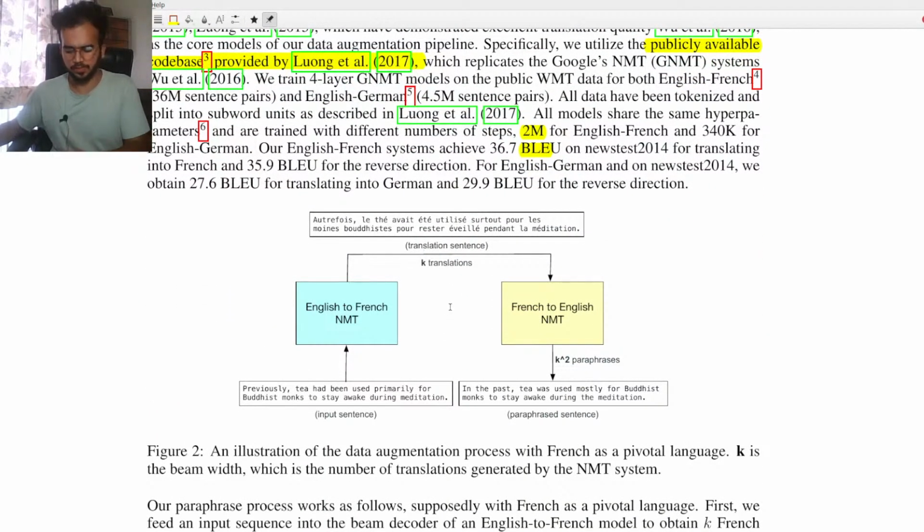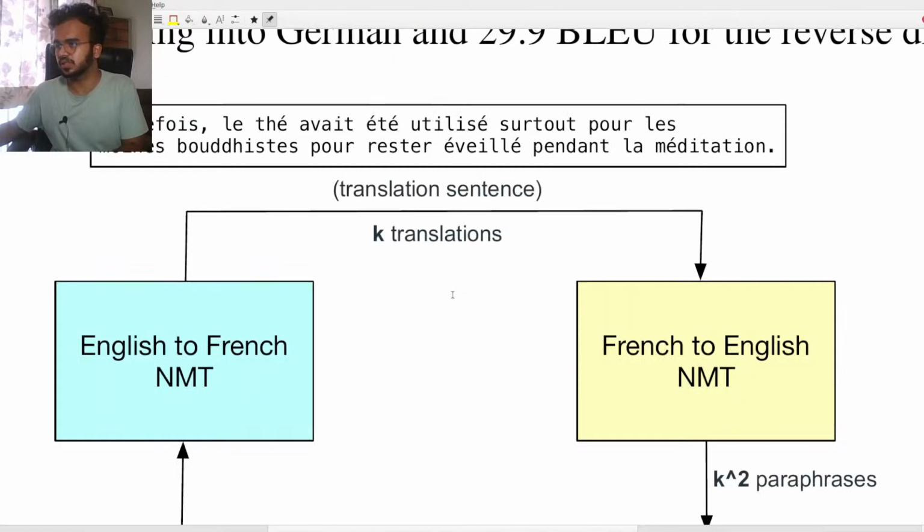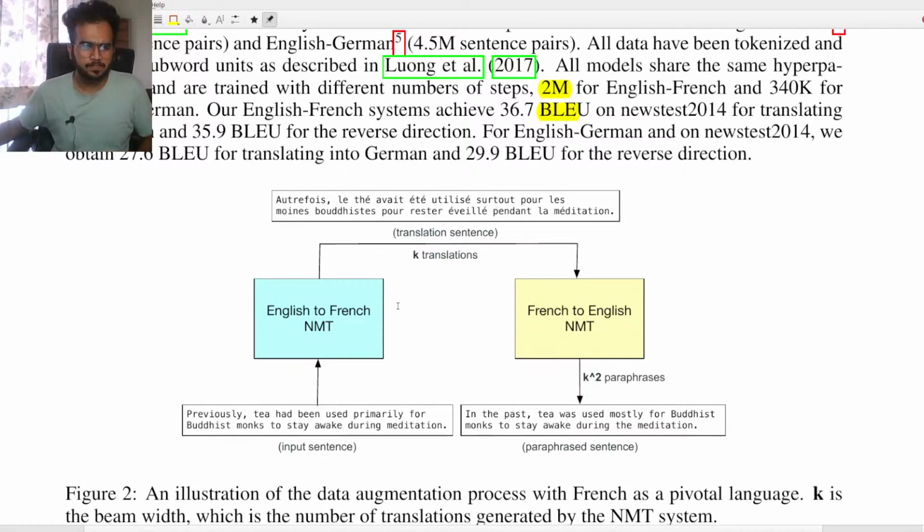Now we'll look at this diagram, which explains the back translation very nicely. We have an input sentence, and we translate English to French. By way of translating, we have a concept called beam search to get better results, and we have something called beam width, which in this scenario tells us the number of translations the model produces for an input sentence.